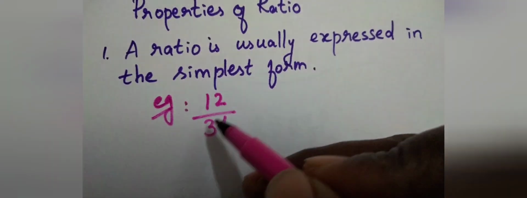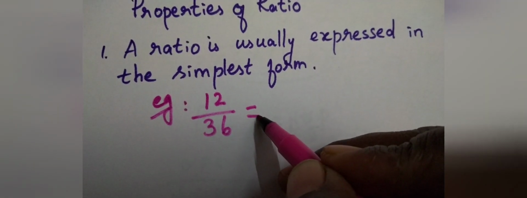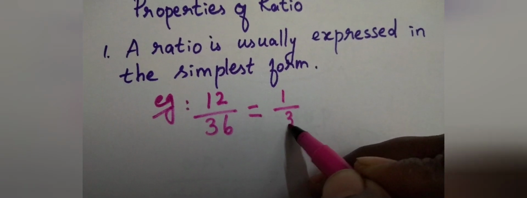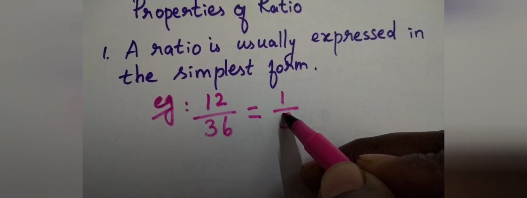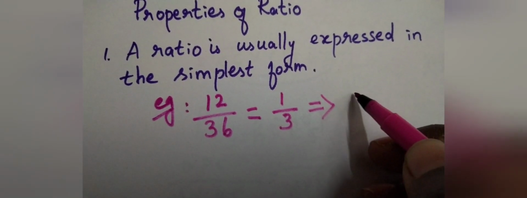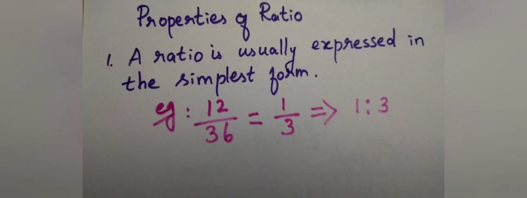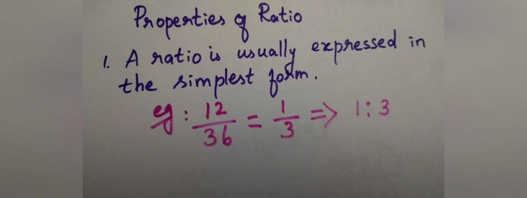So we have to reduce this to the simplest form. So how can we reduce? 1 by 3. So 12 3s are 36. So 1 by 3. How can we write in ratio form? 1 is to 3. Are you clear? So ratio should be in the simplest form.